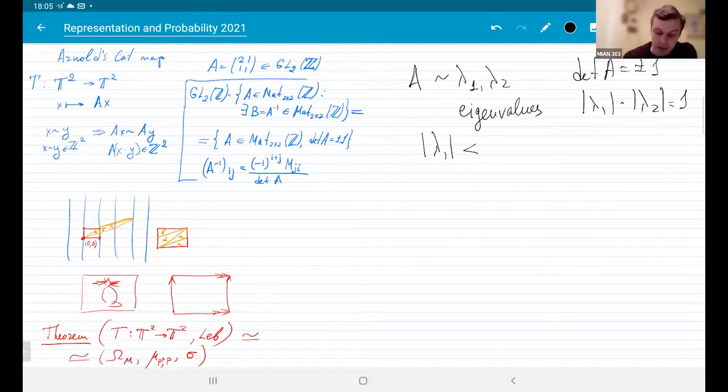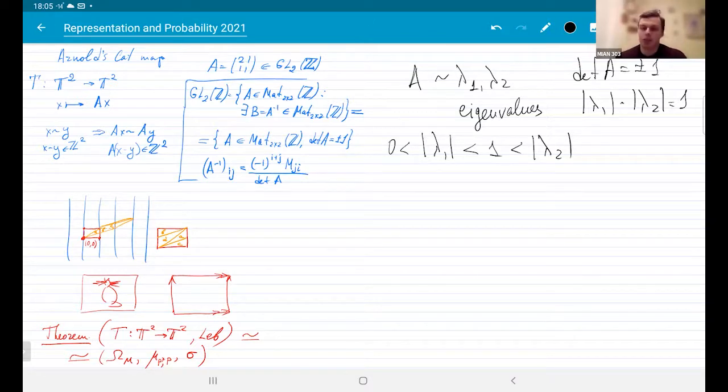One possibility is that they lie on opposite sides of 1, and another case is that both of them have absolute value equal to 1.